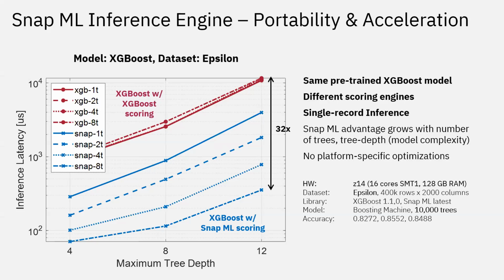And here we see an even bigger speed up. Using 8 threads, we have a 32x speed up over the XGBoost scoring engine. And again, this is the same model, so the accuracy is the same in all cases. The model was trained on a different platform using XGBoost and then imported into the SnapML engine and evaluated on the Z mainframe system.